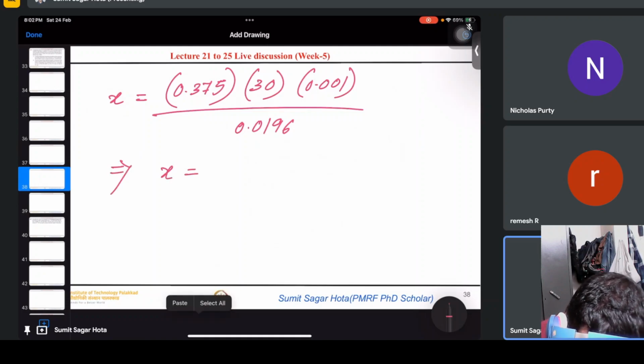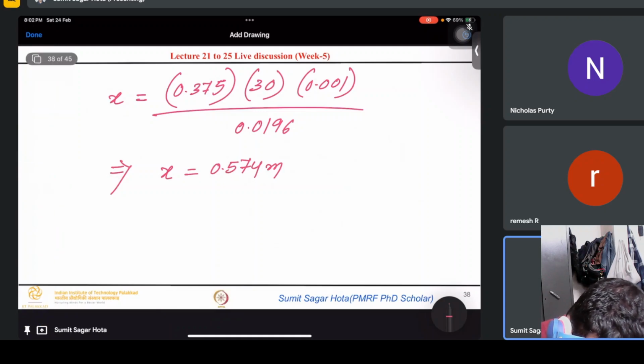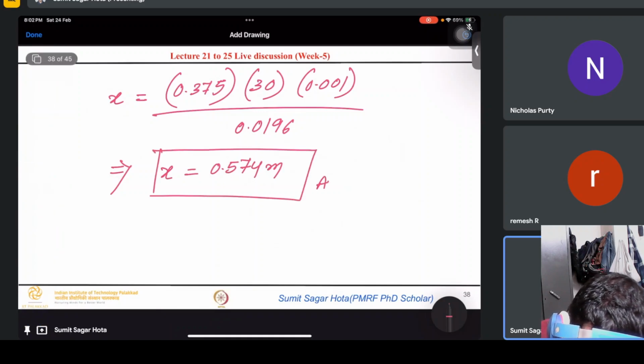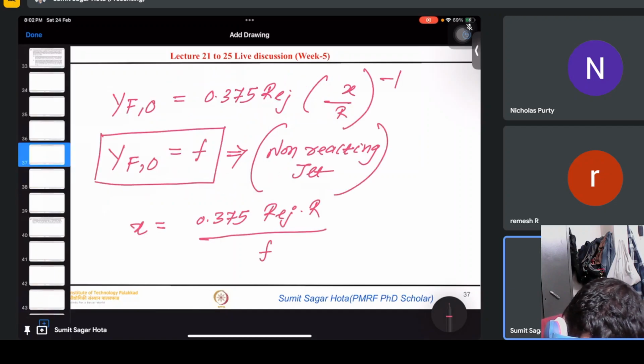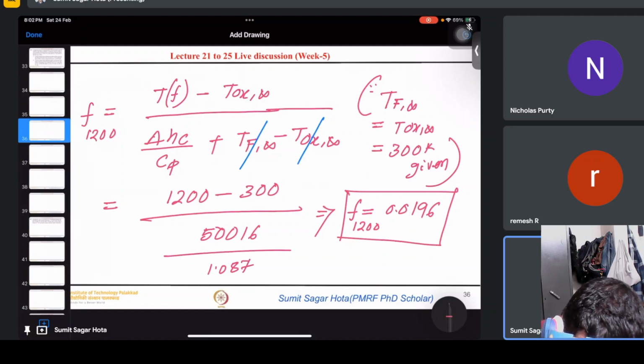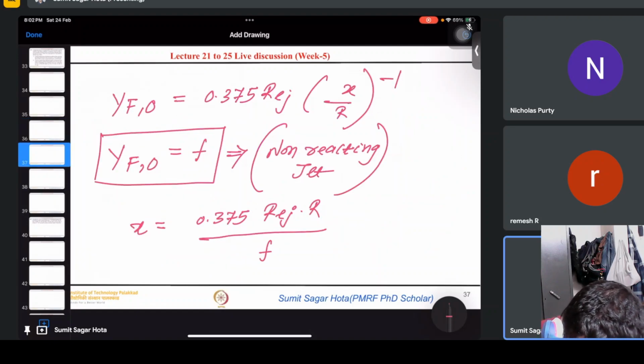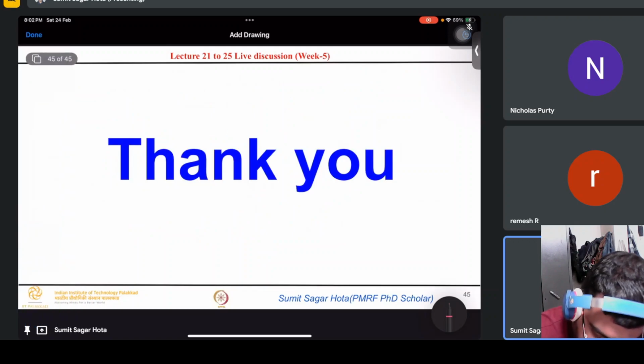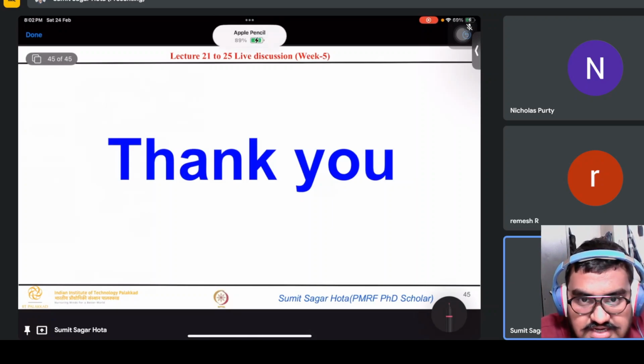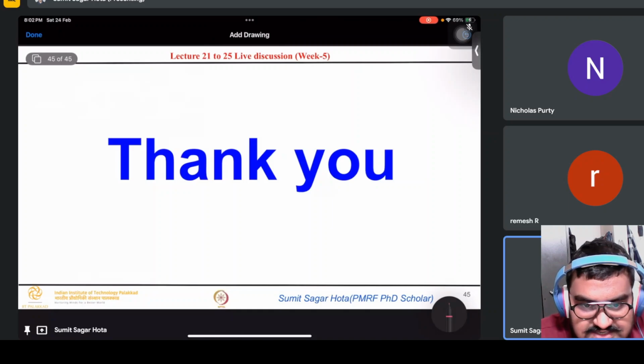Solve it and you can find 0.57. This kind of x can be asked; it's a very expected question.